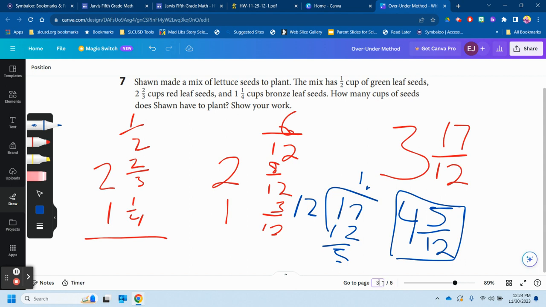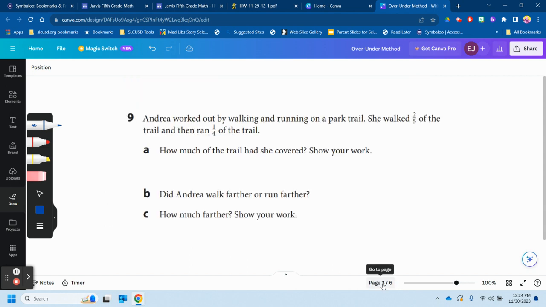You can speed this up or slow it down if you want. All right, so we have 2/5 and 1/4. How much did she run altogether? I need to figure out the common denominator, which is 20. I multiplied the 5 by 4 to get 20, so 2 times 4 is 8, 8/20ths.